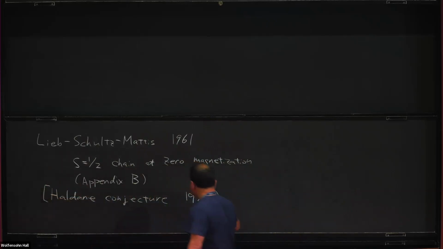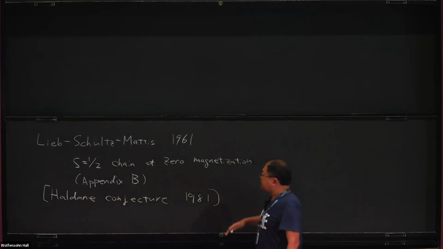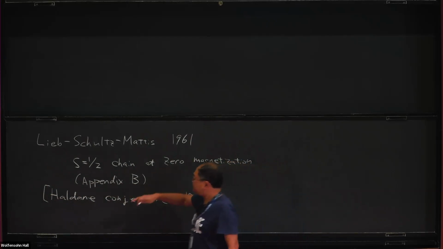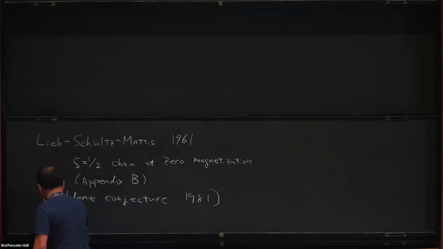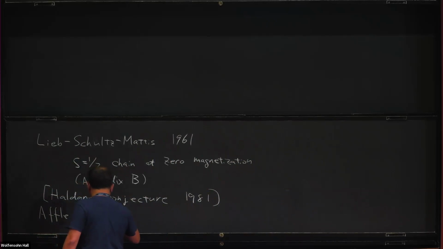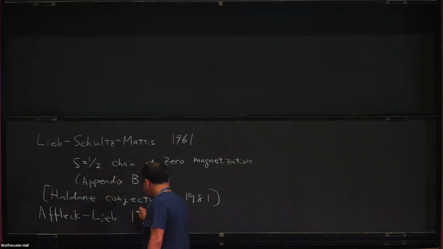Then after that, Affleck and Lieb wrote a paper in 1985 or '86.